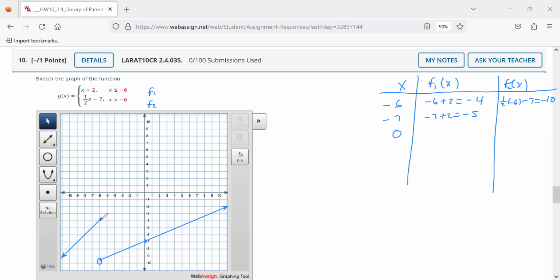Okay. All right. That's all they ask. But are you comfortable plotting the points? That's really what matters. It's the only thing they're testing us on is can you graph a piecewise function? Do you see the process or do you not see?